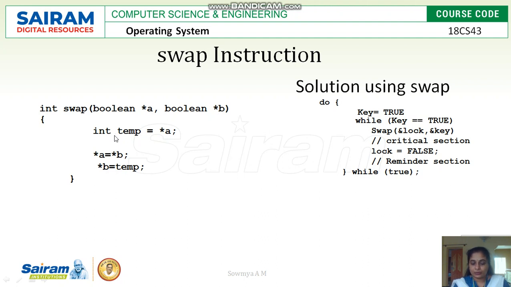The lock value is copied to temp, then a is assigned b, and b is assigned the original lock value. So the values of lock and key are exchanged, and then the critical section is executed. Later the lock value is set to false as an exit section, and then the remainder section of the code is done.